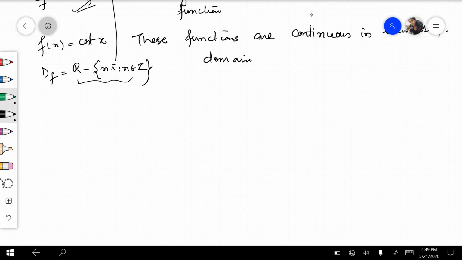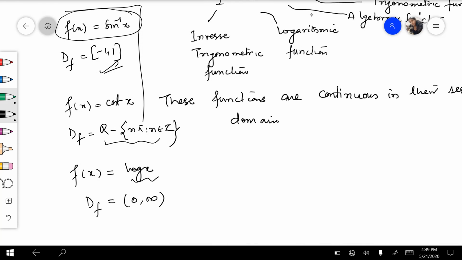Similarly, if we take f of x is equal to log of x, we must have the domain of this log function, and the domain of log function is the set of all positive real numbers. So that means for all positive real numbers, logarithmic function is a continuous function. So that is what I am concluding here.